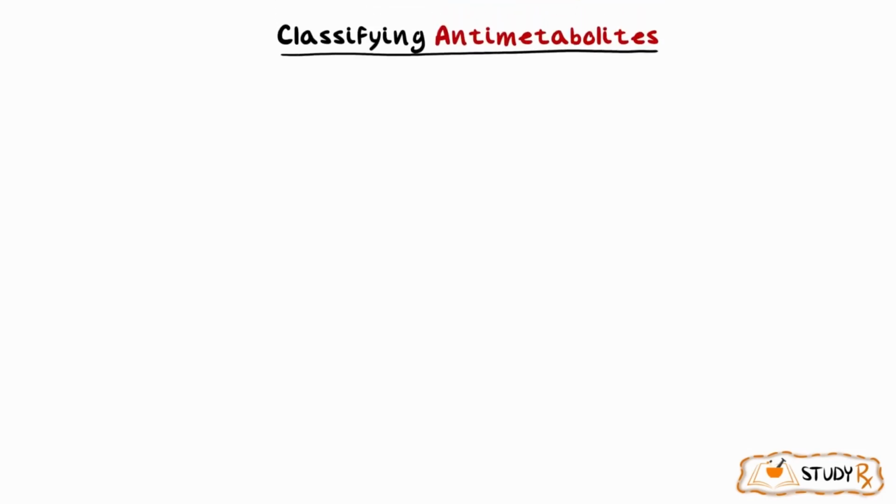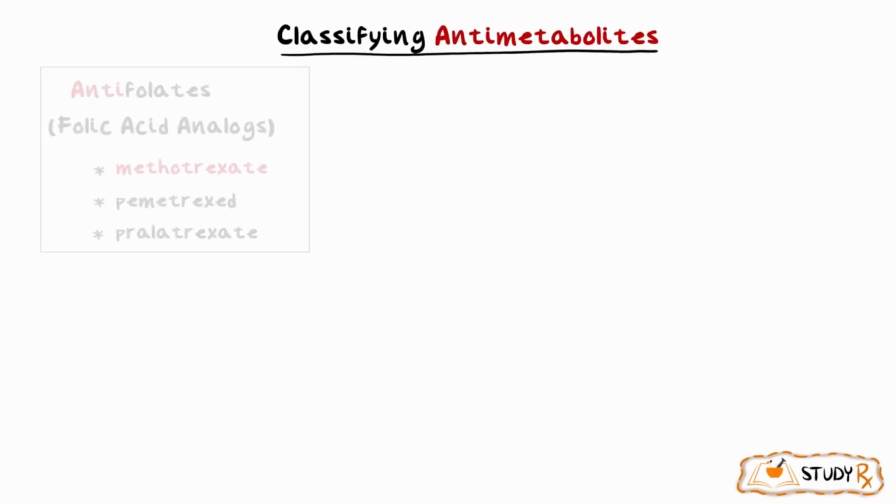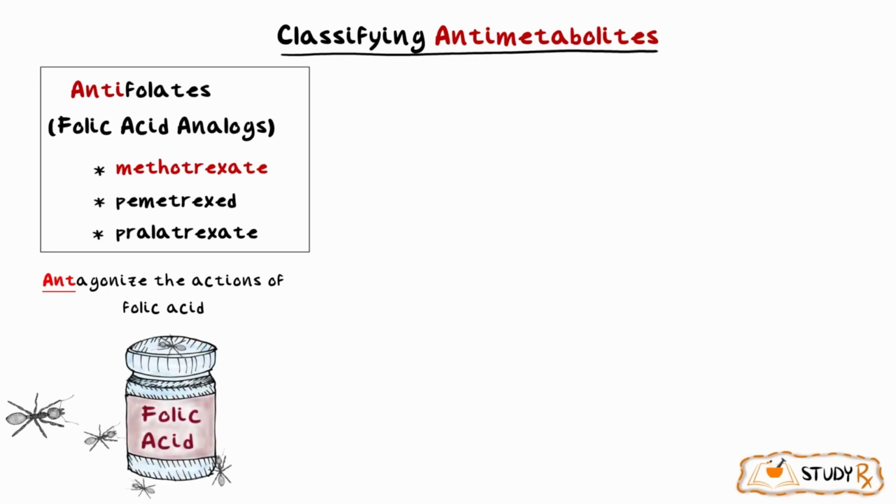Antifolates are a class of antimetabolite medications that antagonize the actions of folic acid. The reason why they can accomplish this is because antimetabolites are similar in structure to the nucleotides. The body is going to mistake these antimetabolites as naturally occurring nucleotide bases, and will metabolize the agents as if they were natural nucleotides.